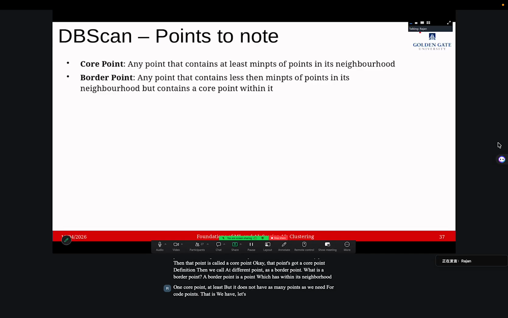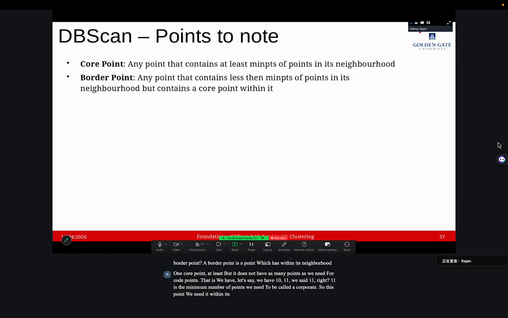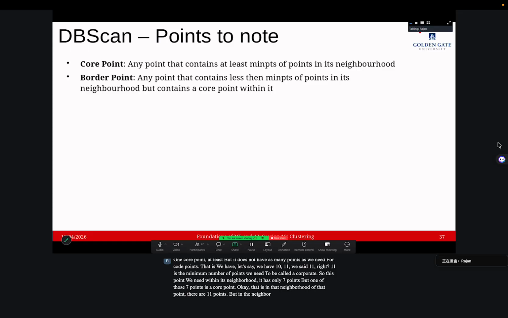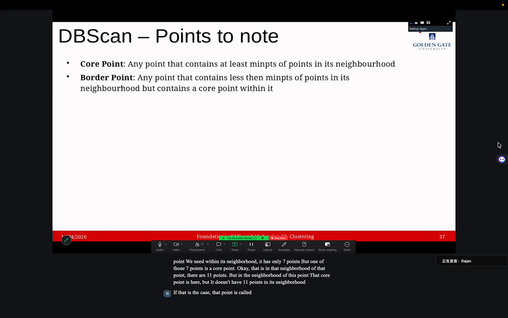Let's say we said 11 is the minimum number of points we need to be called a core point. This point has only 7 points within its neighborhood, but one of those 7 points is a core point, that is, in that core point's neighborhood there are 11 points. But in the neighborhood of this point, the core point is here, but it doesn't have 11 points in its neighborhood.